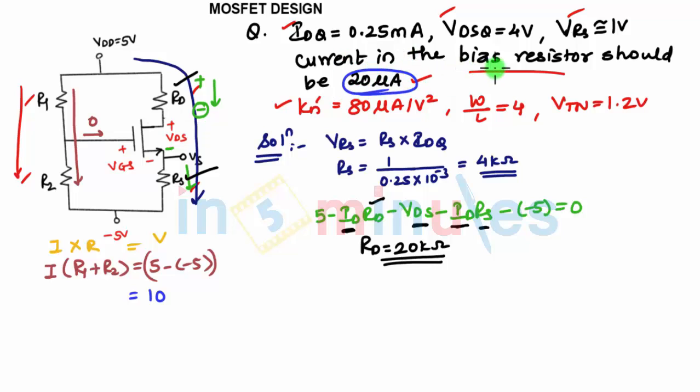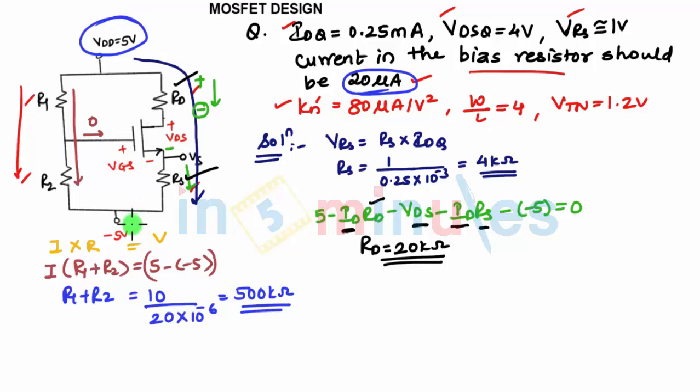What they have specified is that the current in the bias resistor, that is R1 plus R2, should be 20 microamperes. This is possible only when the total resistance is 500k, then only the current flowing will be 20 microamperes, since the voltages are plus 5 and minus 5 volts.